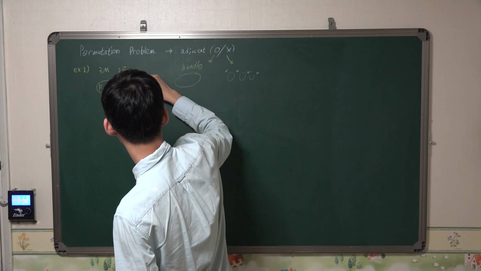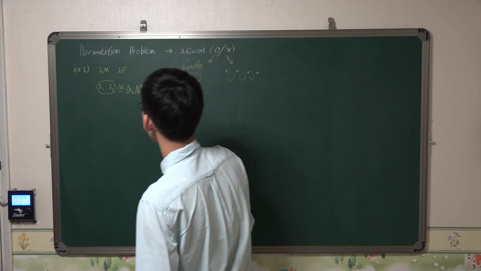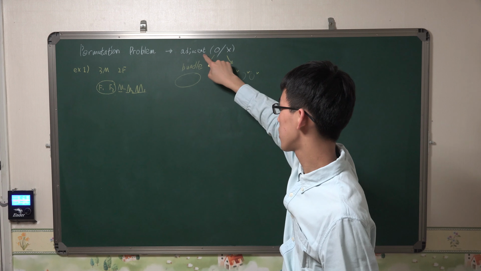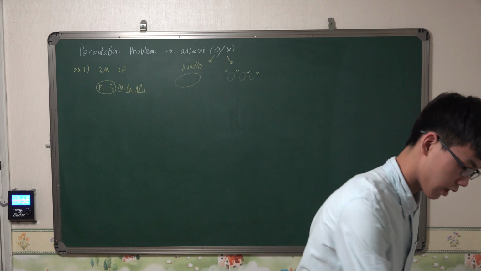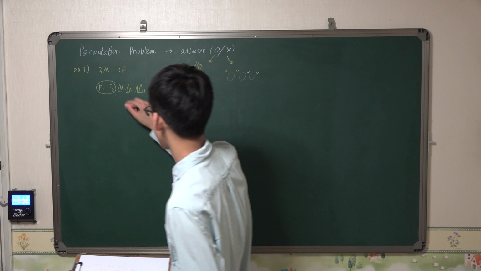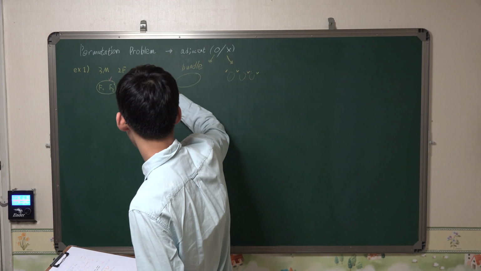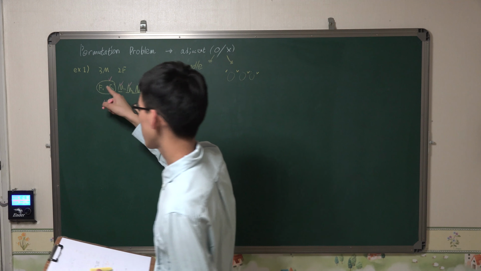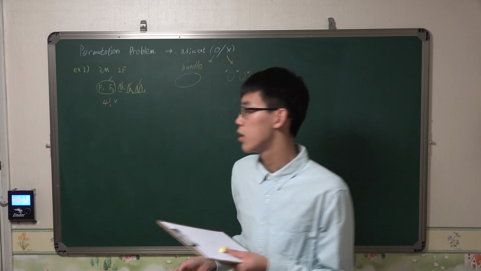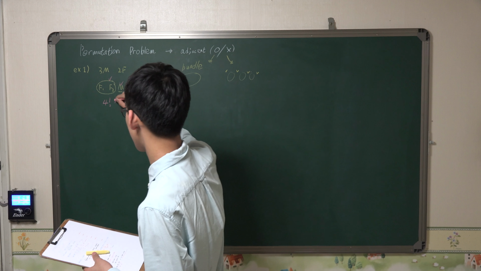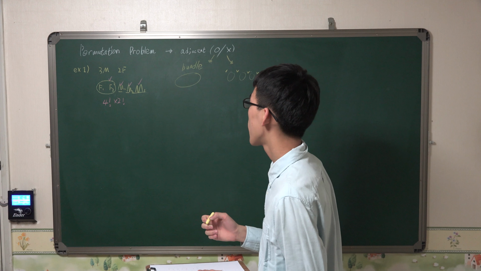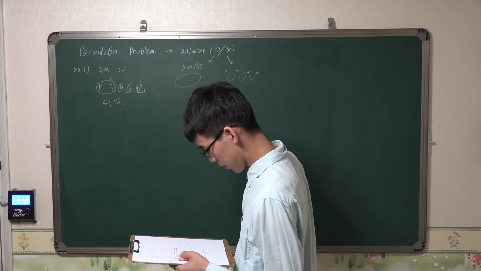We have to bundle this female 1 and 2, since they are adjacent. Then we have 4 blocks, so 4 factorial, and then the females have to change their seats, so there is a 2 factorial.